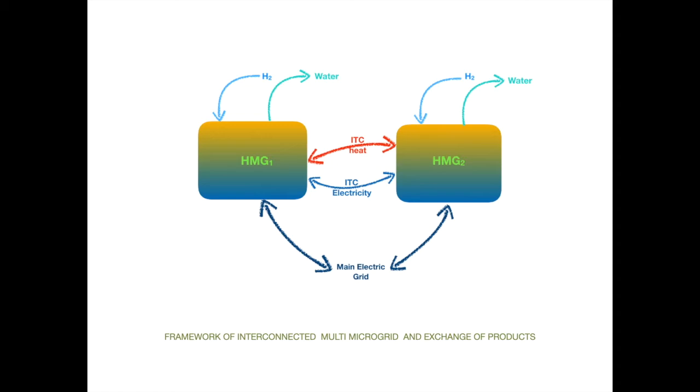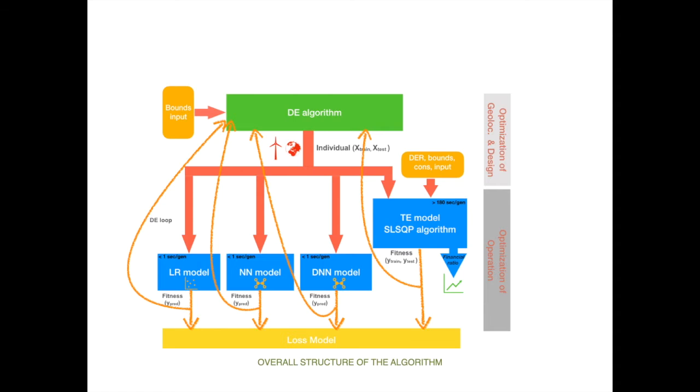Here they are schematically represented with boxes named HMG. Different technical economic models based on analytical, regression, deep neural networks can be selected according to the desired resolution of the optimal outputs. The optimization computing algorithms combine sequential least square programming with a novel self-adaptive genetic algorithm.